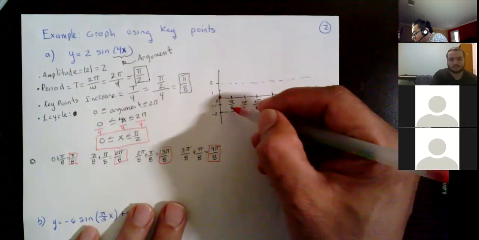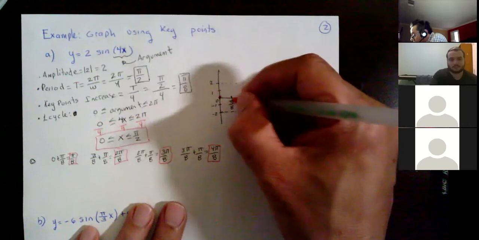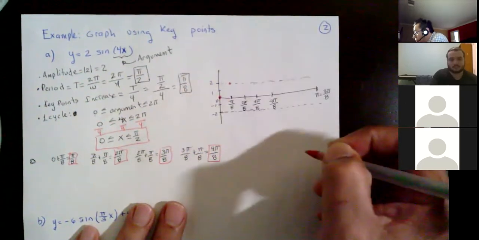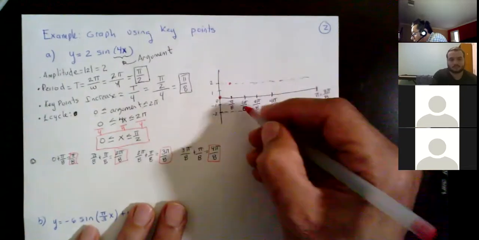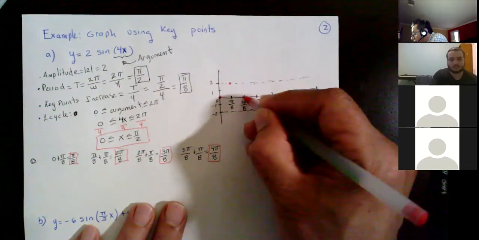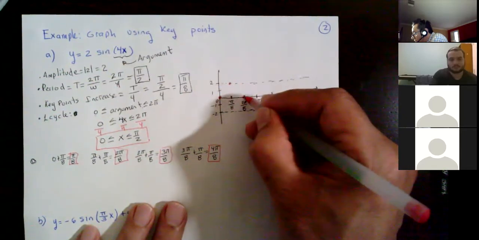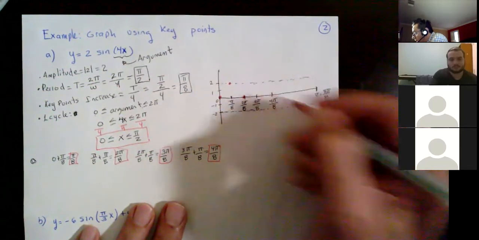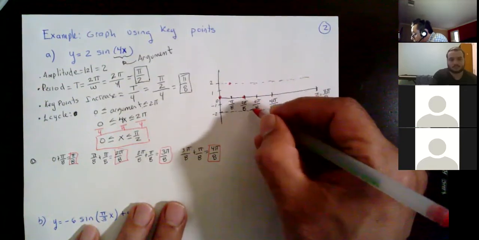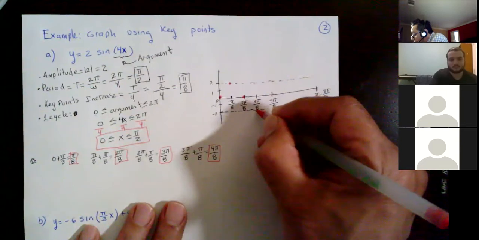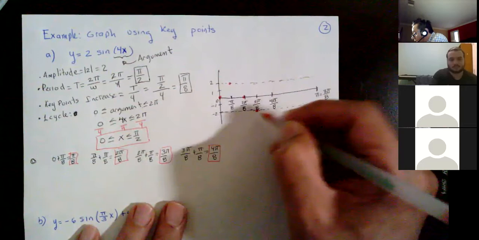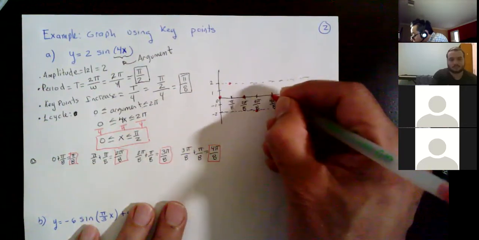At pi over 8, I know that the sine goes up. At 2 pi over 8, the sine goes back to 0. Pi over 8 goes up 2. At 2 pi over 8 goes back to 0. At 3 pi over 8 goes down to -2. And at 4 pi over 8, it goes back to 0.